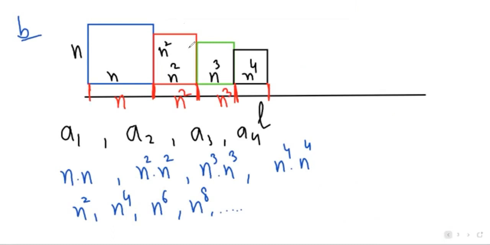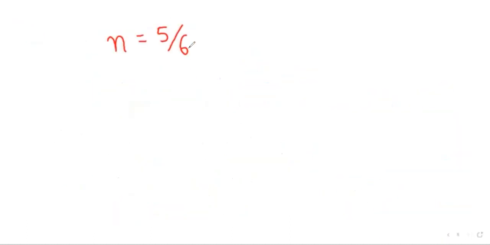From here to here, it is n to the fourth, and the total from here to here goes till L. So we can apply a geometric sequence as well. Our A is n, our R is n squared over n, which is equal to n.